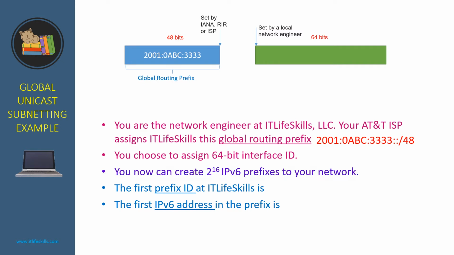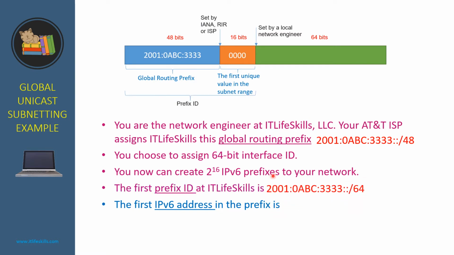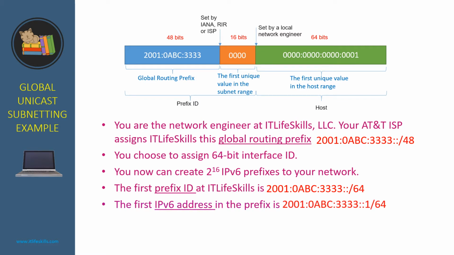You now can create 2 to the power of 16 IPv6 prefixes in your network. Since 0 is the first unique value in the subnet range, the first prefix ID at IT Life Skills is this prefix, and 1 is the first unique value in the host range, so the first IPv6 address in the prefix is this IP.